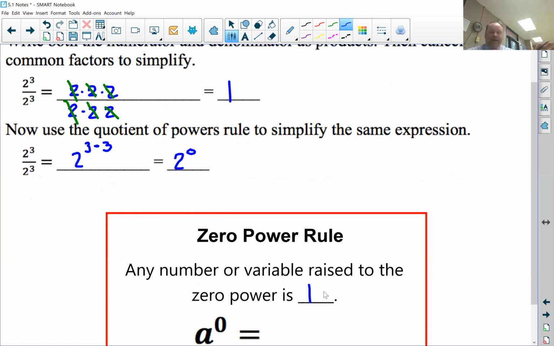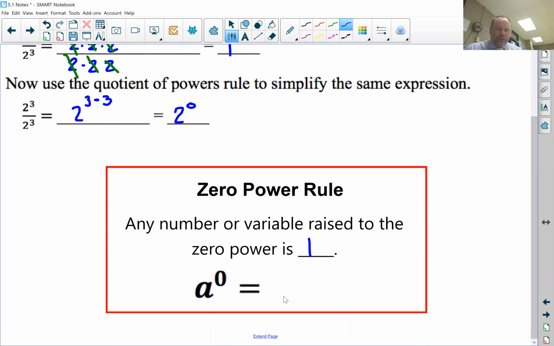There is one exception. 0 to the 0 power is not 1. That is undefined. But that won't appear in any of our work. So a to the 0 power is equal to 1.